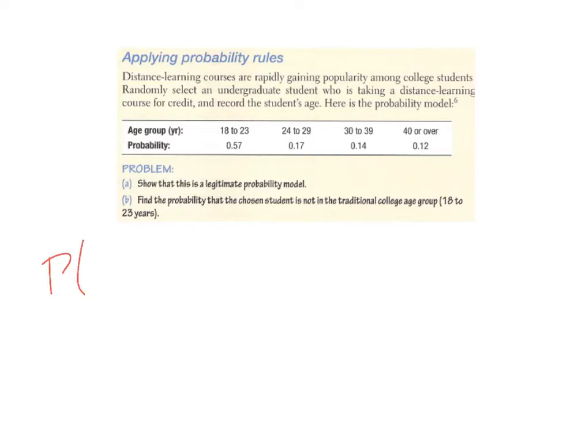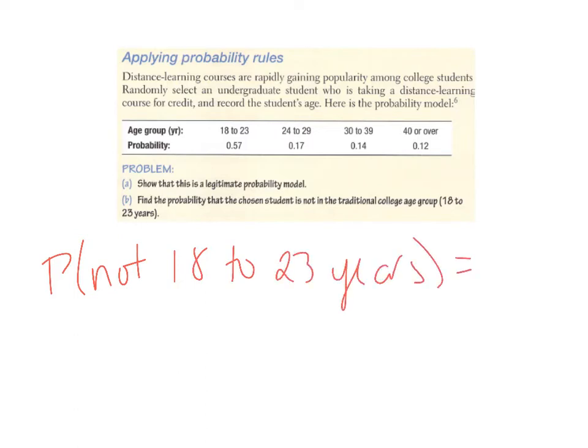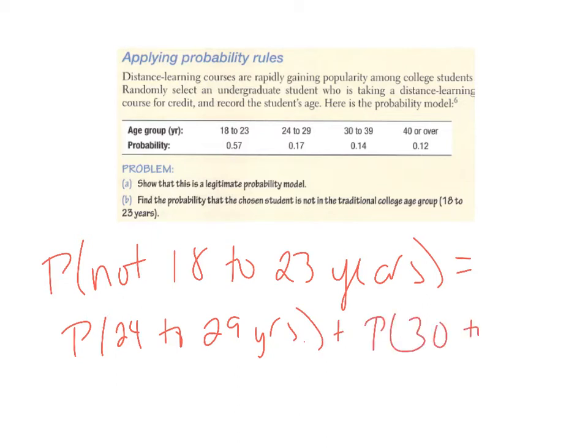So again, I define my event: the probability that they are not 18 to 23 years. Because they're either in one age group or another, they can't be in two age groups at the same time, I can add all these things up. I can add up the probability of 24 to 29 years plus the probability of 30 to 39 years plus the probability that they are 40 years or over.